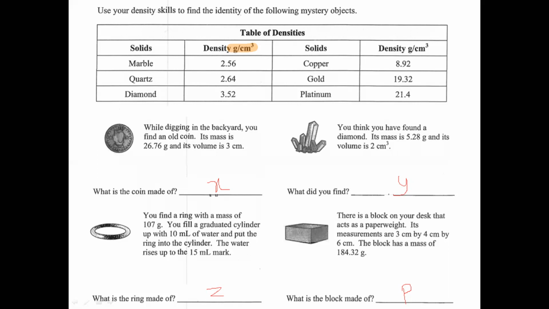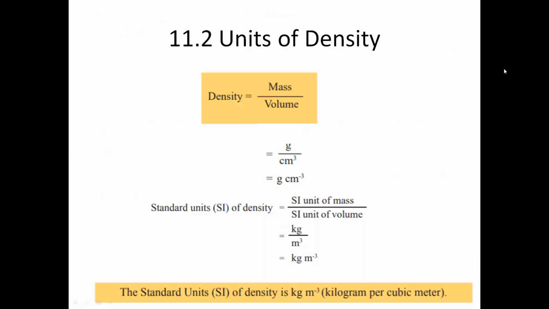Okay, and let's do the summary for today. Today we were talking about units of density. At last we found that normally it is gram per cubic centimeter, but in SI units, in the standard way, it is kilograms per cubic meter.